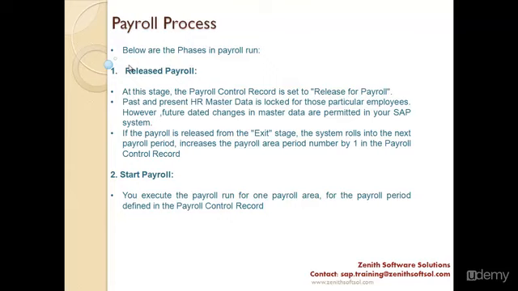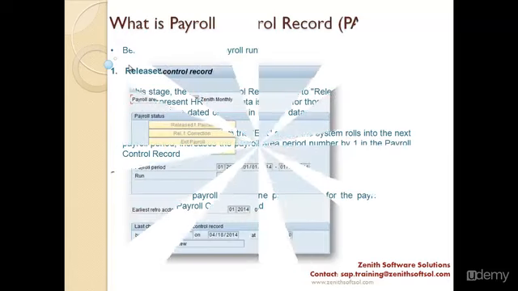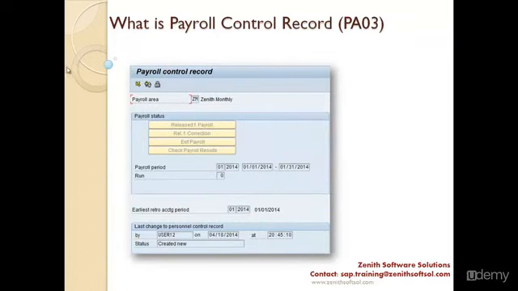And it says if the payroll is released from the exit stage, for example, your payroll is done and completed, then the second time you release the payroll, this number, the payroll period, will automatically jump to 2, because now it is for the second payroll period. And it makes sense, right?